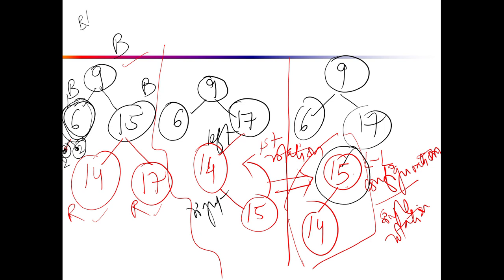So the black height of node 9 is 2 with respect to the left subtree. If I go for the right subtree, one black node, because guys, we will not count the node itself, we will not count 9 itself, okay? So one black node with respect to node 15, and definitely the sentinel nodes or the null nodes of 14 and 17 will also be there.